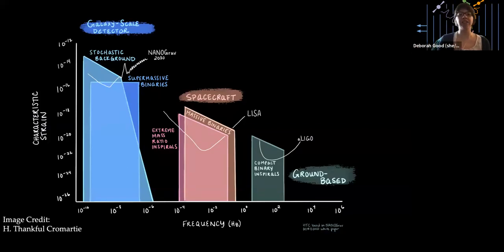And finally, the part we're concerned about when we talk about pulsar timing arrays are these low frequency nanohertz gravitational waves. And here we're primarily looking at the stochastic background, tracing out the history of supermassive black hole mergers in the universe, and also looking at the in-spiral phase of supermassive black holes as the two black holes are moving together. And that's what we'll be able to see with pulsar timing arrays.